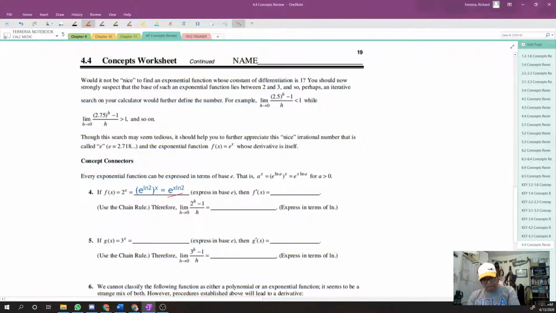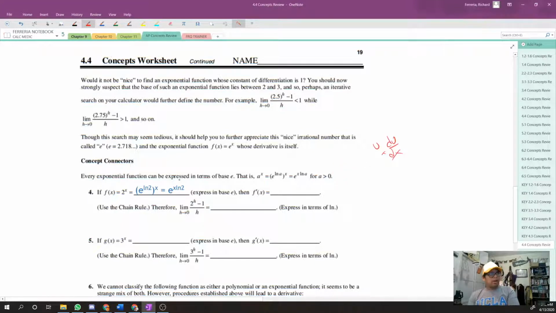Well, I know how to take the derivative of e to the x. The derivative of e to the x is e to the x multiplied by the derivative of x. Or to put that another way, the derivative of e to the u is equal to e to the u multiplied by du dx.